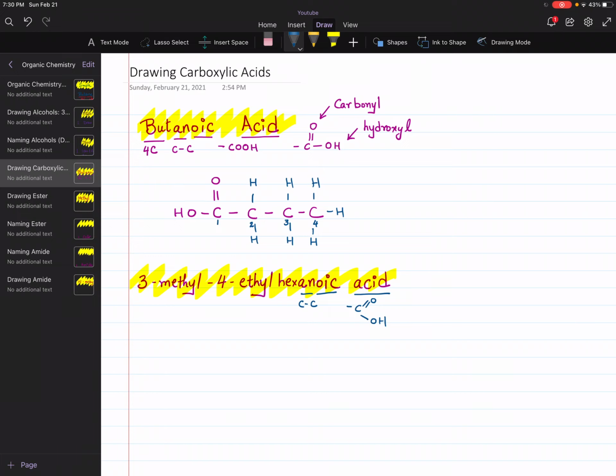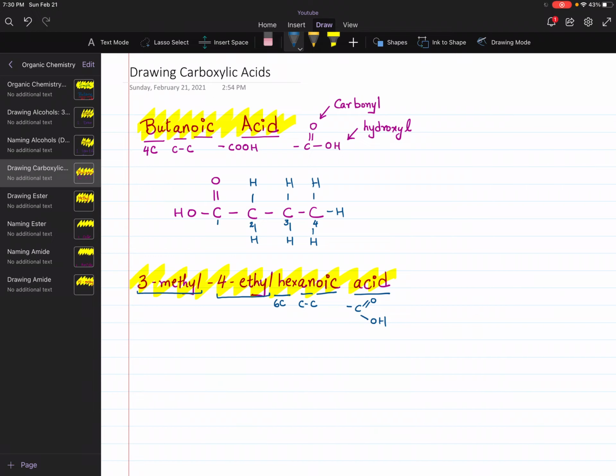It's an alkane derivative. And the hex part tells us that we have 6 carbons. Right, and the part before that is the branches. So this is a branch that is attached to the main chain, and this is another branch that is attached to our main carboxylic acid.